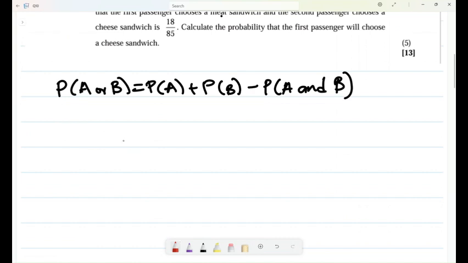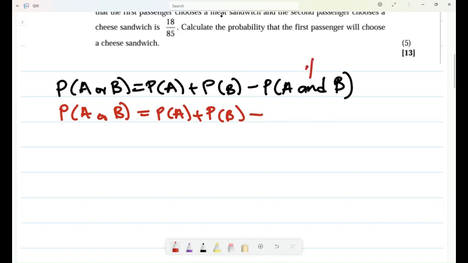So before I substitute, allow me to manipulate this. The probability of A or B is equal to the probability of A plus the probability of B minus the probability of A and B. Since they did not give us this, we say it is instead the probability of A multiplied by the probability of B. This is me understanding my concept thereof.